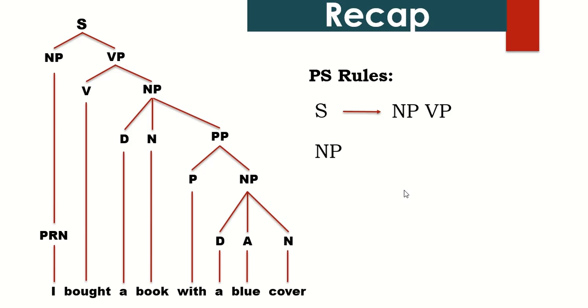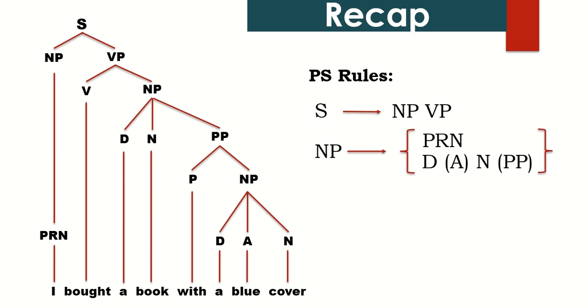We need to provide a rule that deals with all these noun phrases. So what do we have? If you remember, we said that the pronoun and the noun plus modification are used in a mutually exclusive manner. If you find the one, you cannot find the other, and for this we use the curly brackets. So we have either a pronoun or a noun that can be pre and post modified.